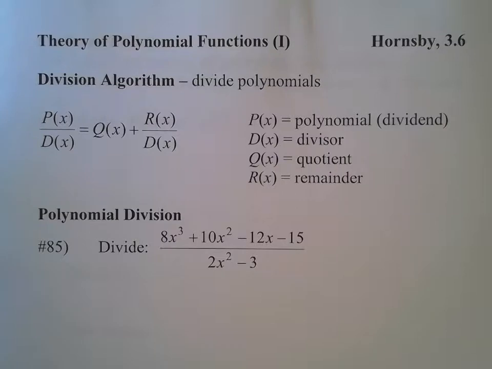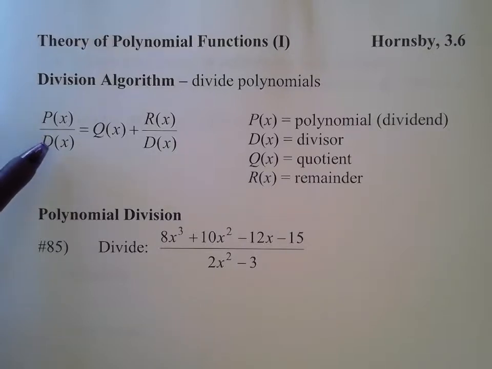We want to be able to take a polynomial and divide it. There's something called the division algorithm, and this really applies to all division. We're going to apply it to dividing polynomials. You take a polynomial, usually called the dividend, and divide it by something, maybe x minus 5, some other smaller polynomial, that's called the divisor.